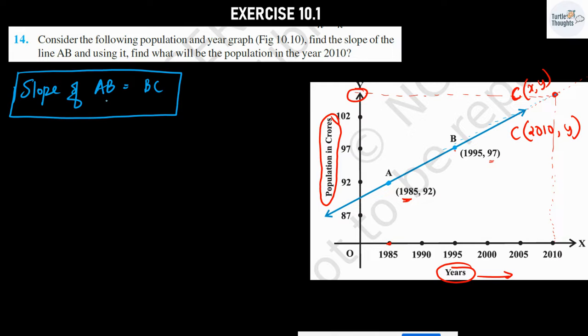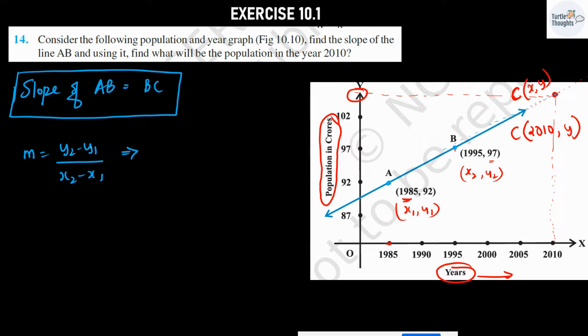I can easily find the slope of the line AB. The slope of the line AB is given by m, which is y2 minus y1 divided by x2 minus x1. Here I can take A as 1985 comma 92. So let this be x1, let this be y1. Now at the point B, let this be x2, let this be y2.